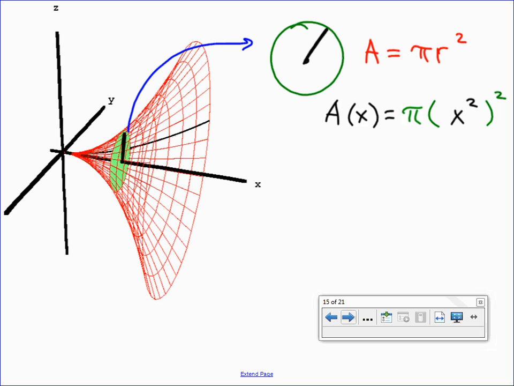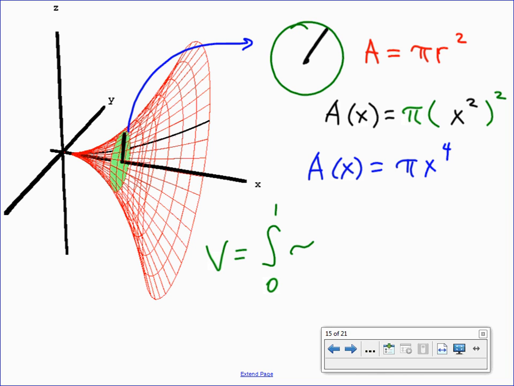Pretty sweet. Which means that my area function that we will integrate, A of x, is given by pi x to the 4th. So the volume of that trumpet-shaped solid is given by the integral from leftmost x value 0 up until rightmost x value 1 of pi x to the 4th with respect to x.